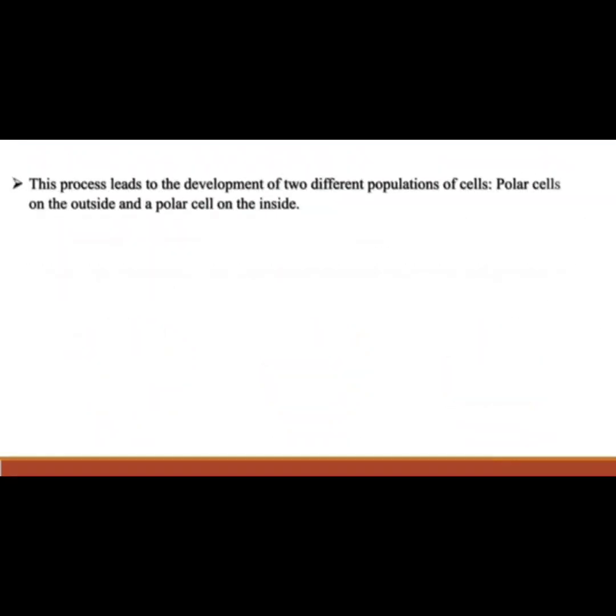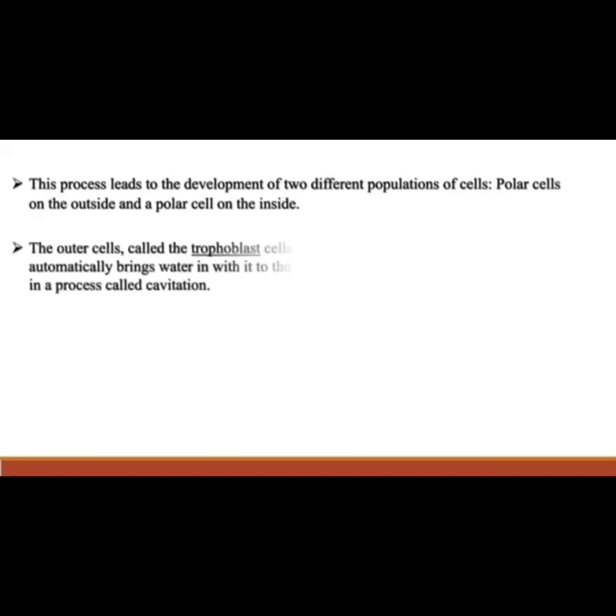This process leads to the development of 2 different populations of cells: polar cells on the outside and apolar cells on the inside. The outer cells, called the trophoblast cells, pump sodium in from the outside, which automatically brings water in with it to the basal surface to form a blastocoele cavity in a process called cavitation.